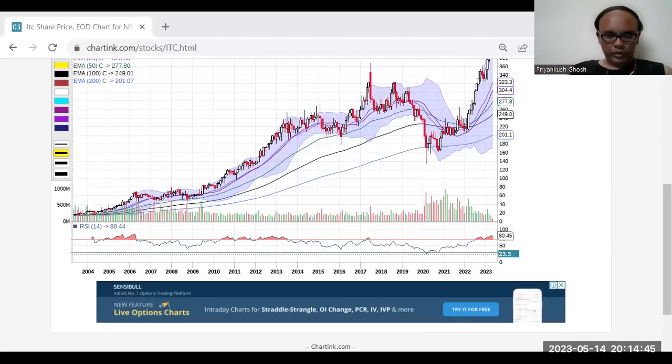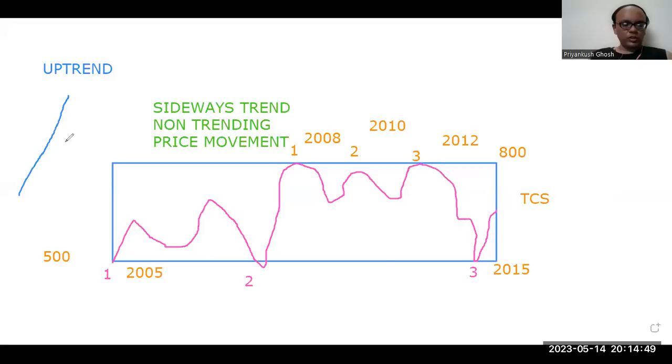So let me open the whiteboard. What I'm trying to say is that in most stocks you will find this blue uptrend. But there can be another thing also, right? Let me change the color to red. There can be another kind of trend also. What is this called?